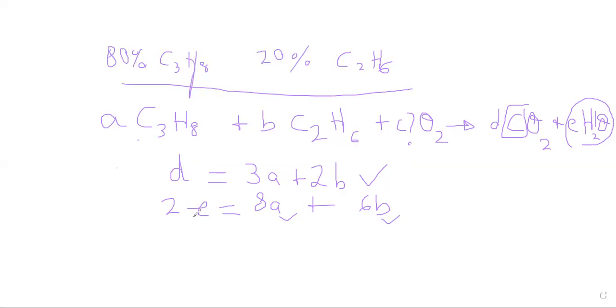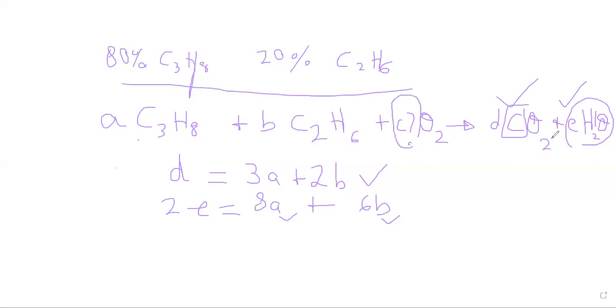Finally, for oxygen, it is the most challenging one because in the products it's present in both CO2 and H2O. But once I calculate D and E, I can determine the coefficient C here.